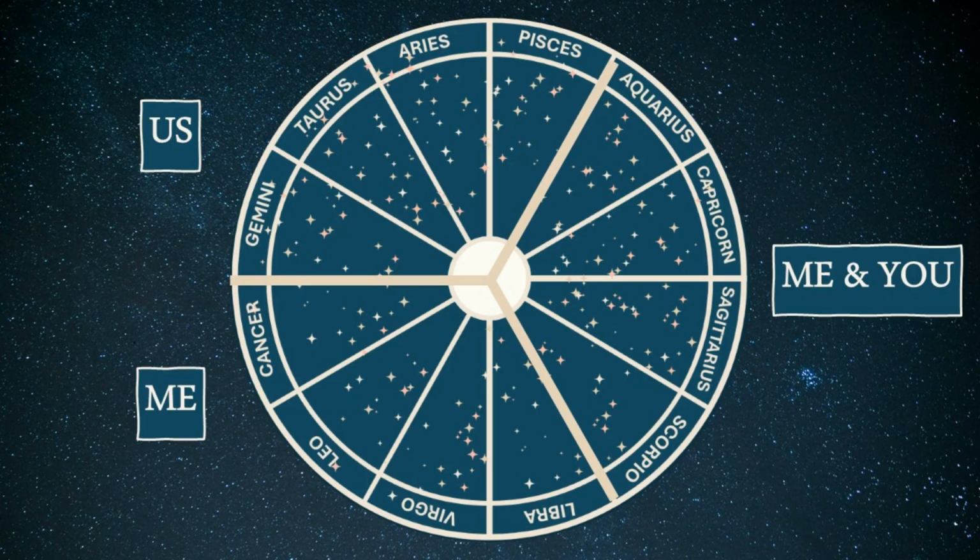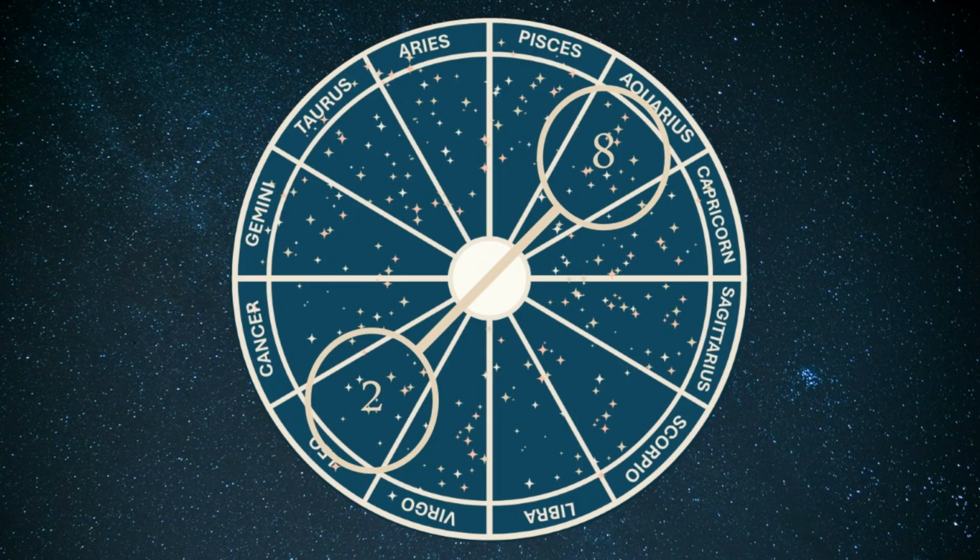And the universal houses from house 9 to 12, which is all about groups of people. The houses opposing each other often have opposite meanings, such as the second house being about personal values, while the eighth house is about shared values.